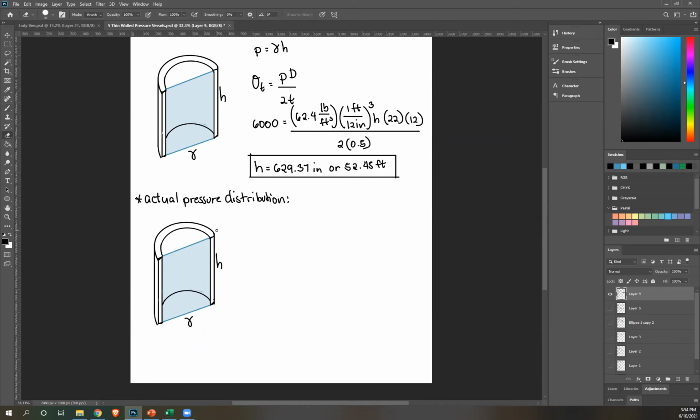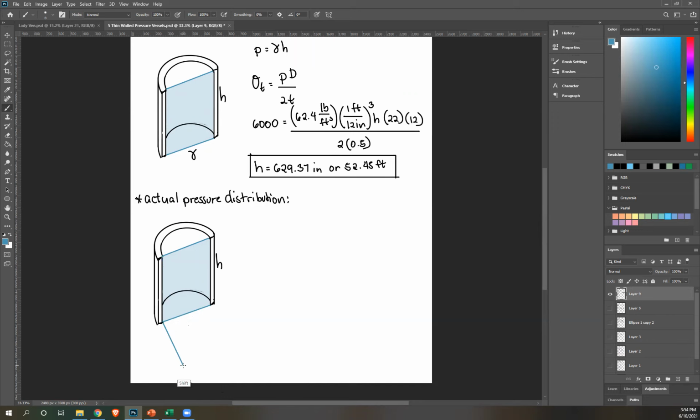Now the pressure distribution doesn't look like this. It's going to look like, it's zero at the top portion of your liquid because obviously there's no pressure at the surface. And then it gets maximum at the bottom. So from zero and then maximum here.